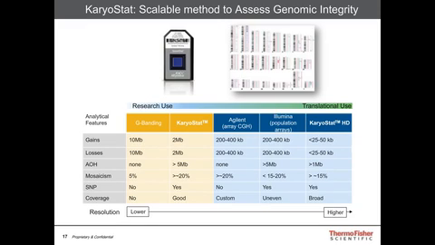Low resolution format, KaryoStat, is designed for basic research, whereas high resolution format, KaryoStat HD, is geared more for translational research. In addition to features that G-banding offers, our assays offer absence of heterozygosity and allelic information based on SNP probes as well.